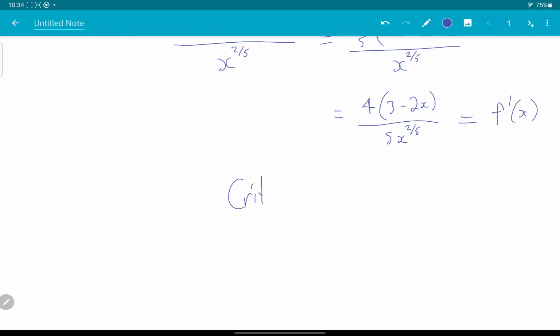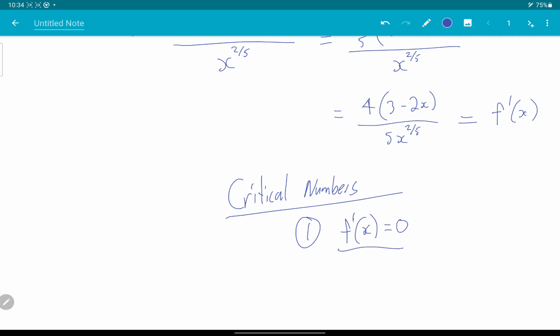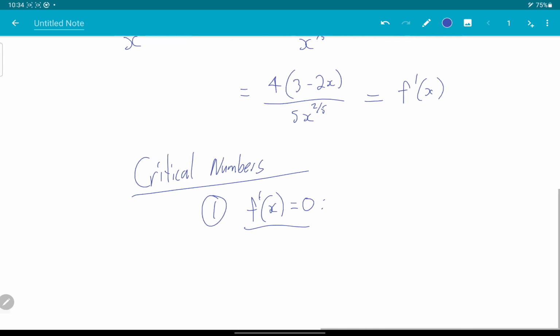Okay, critical numbers. The first category of critical number is when you have f prime of x equals 0. So you have this thing equal to 0. How can a fraction equal 0? The numerator must be 0. So 3 minus 2x must be 0, so x is 3 over 2.